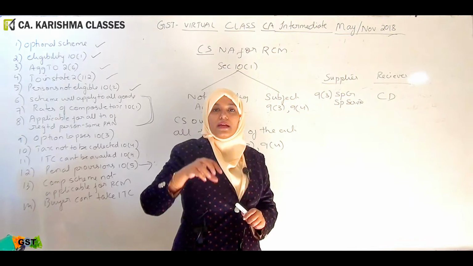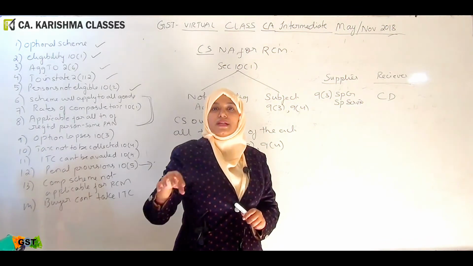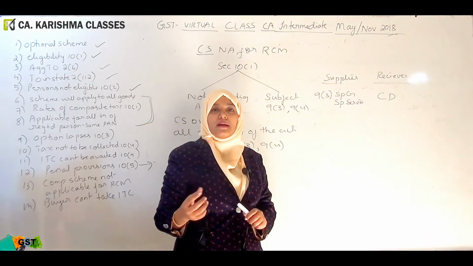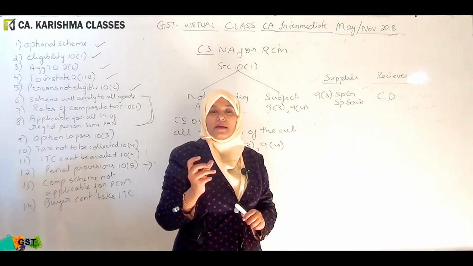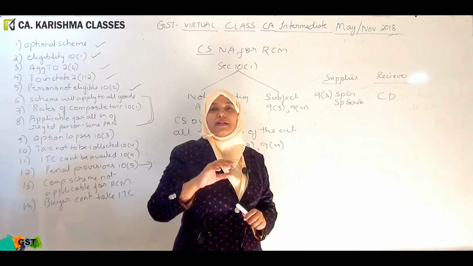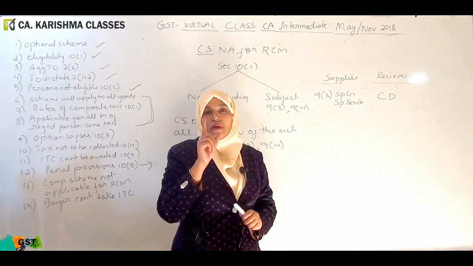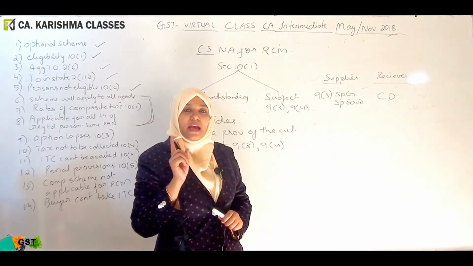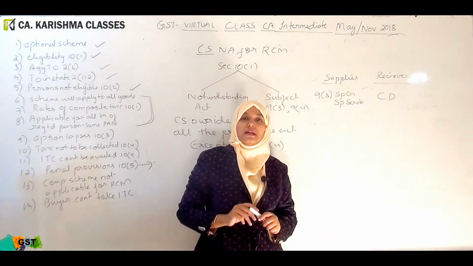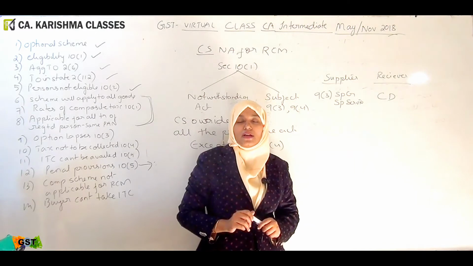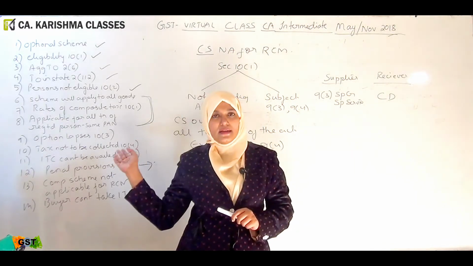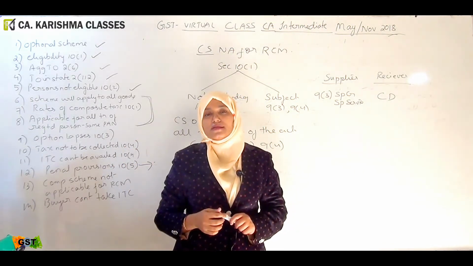An agriculturalist has supplied cashew nuts to Mr. A, who is processing them, adding flavors to them, making some food item out of it and selling it. So the agriculturalist has supplied cashew nut to a composition dealer. The turnover of the composition dealer is less than the limit, 75 lakhs.